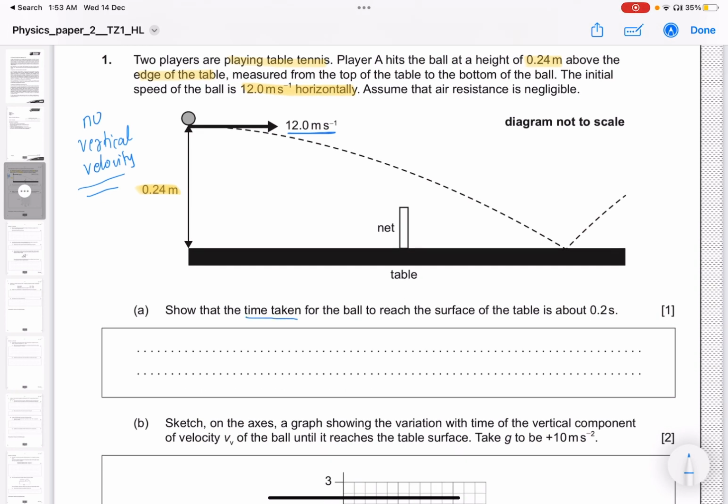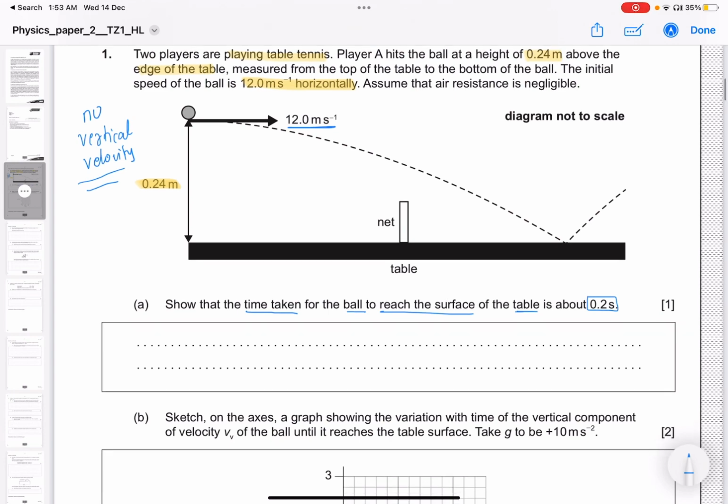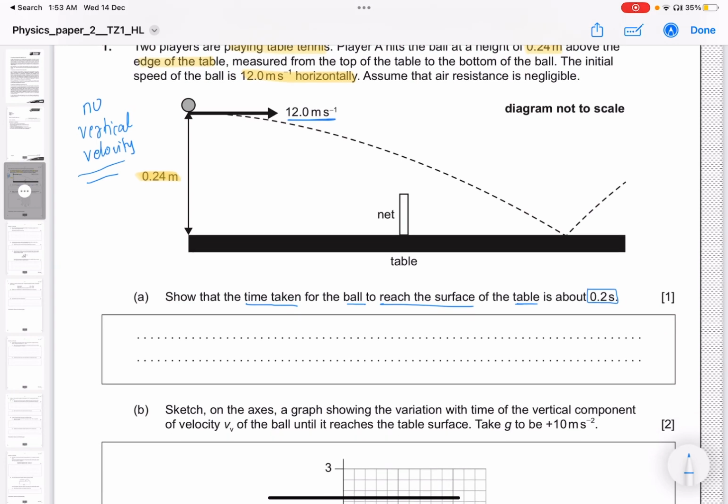Show that the time taken for the ball to reach the surface of the table is about 0.2 seconds. So we can use the formula s equals ut plus half at squared.